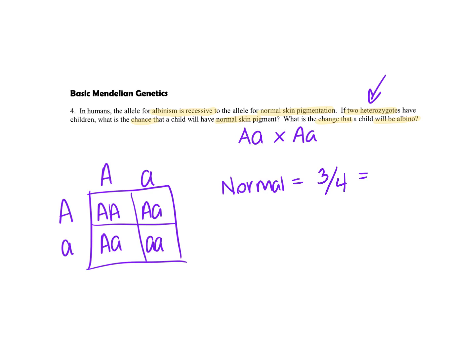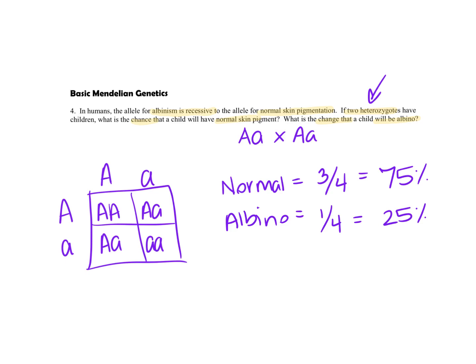And then, just to cover my bases, I'm going to do that in a percent as well, which 3/4 is 75%. The second part says, what are the chances of the child being albino? And again, I'm going to look for the phenotype. And here I see only 1 is double recessive. So we're going to do 1 out of 4. And that's going to be 25%.